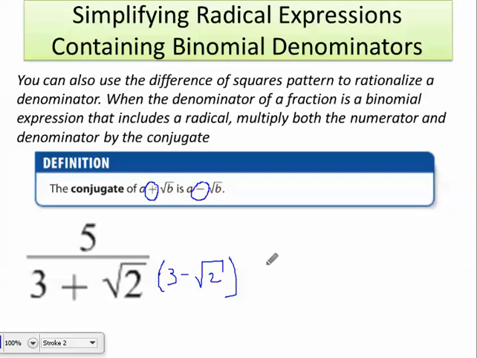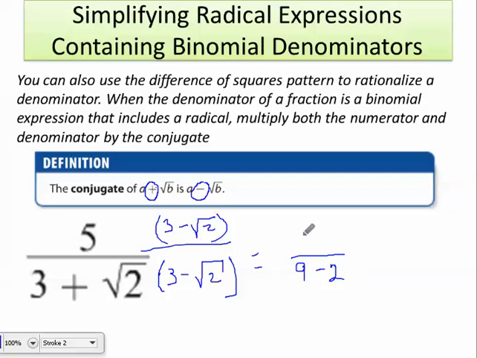My difference of squares in this situation is going to be, got to multiply by 1, so I'm multiplying by that. In the denominator, I get a difference of squares. That's going to be 9 minus 2. Well, 2 is not a square, but in this case, square root of 2 times square root of 2 is going to wind up being 2.